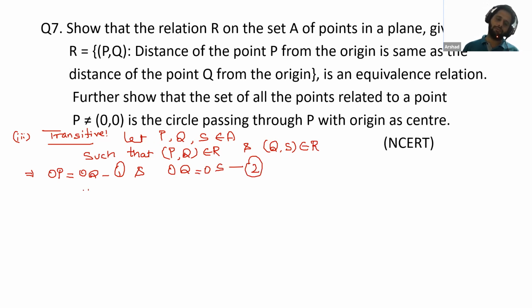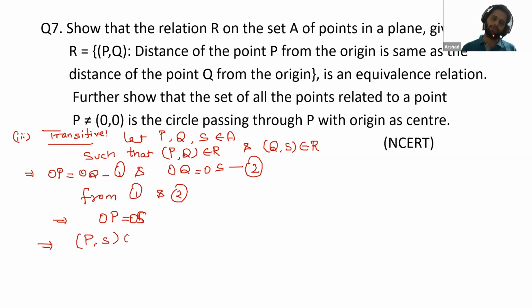Now from 1 and 2, OP is equal to OQ, OQ is equal to OS, so we can say OP is equal to OS. So this implies P comma S belongs to R.